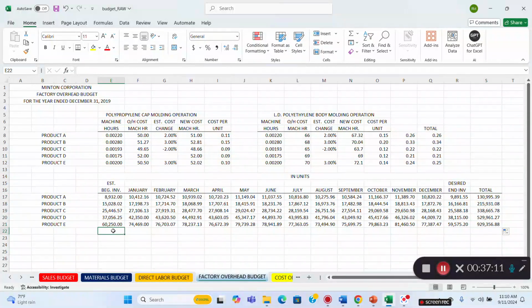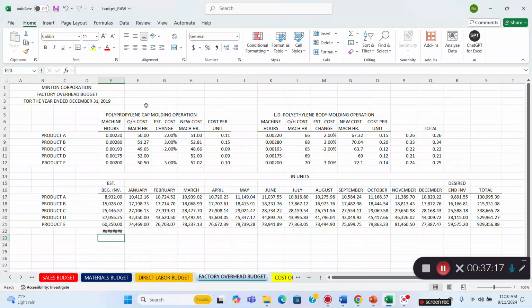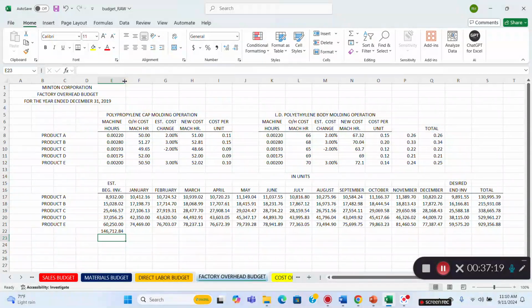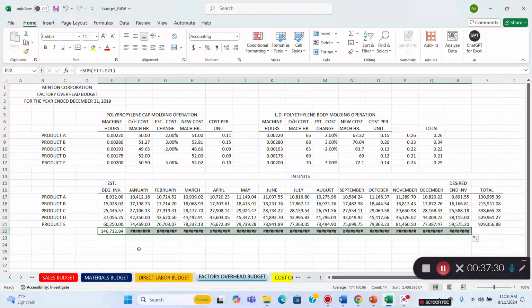And now we want to total it up. And again, notice that all of these are bad. So, what I might do is I might just come up here and increase the size of all of these cells.